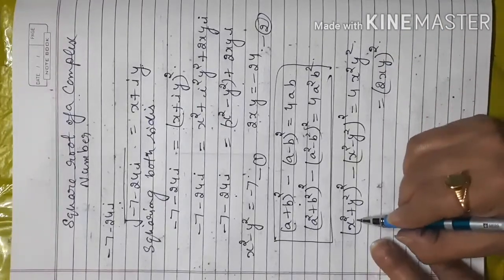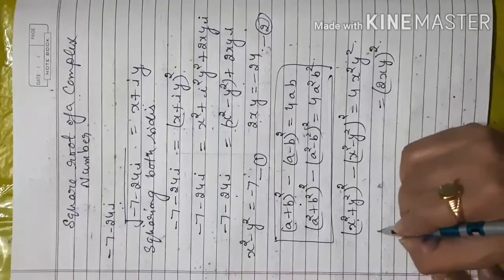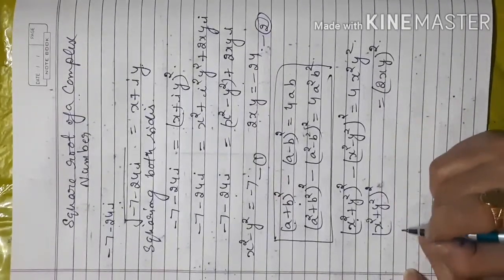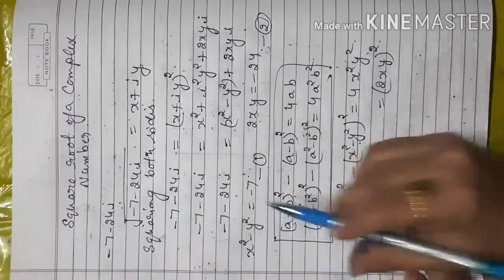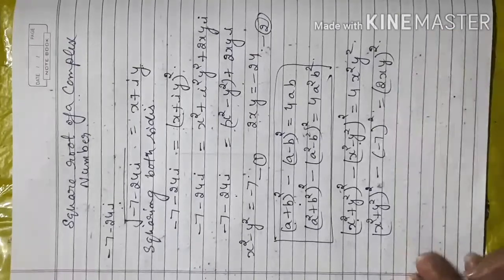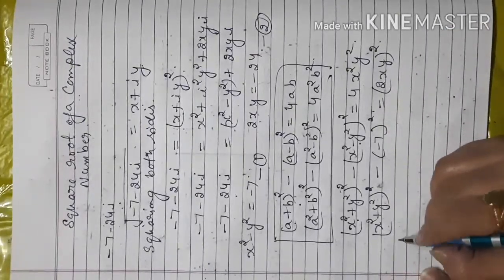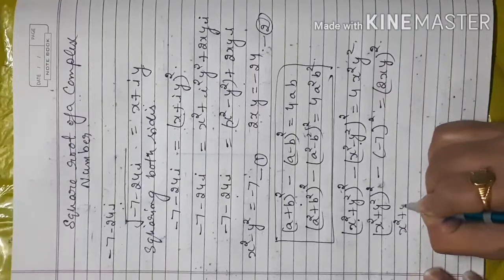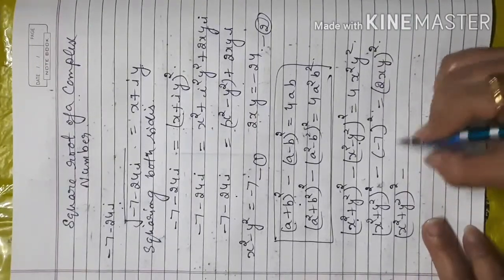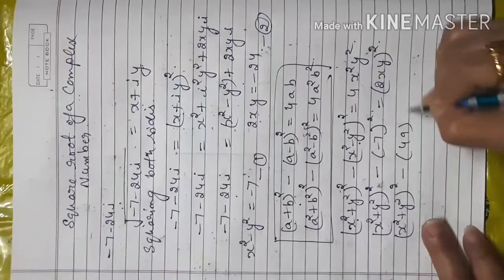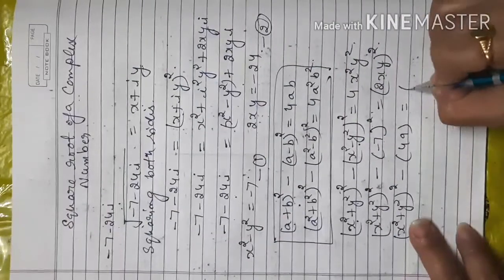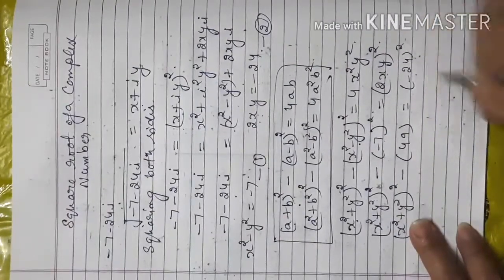Here I have to find the value of x square plus y square so that I can solve the equations simultaneously, and the value of x square minus y square is given as -7. So I keep (x square plus y square) whole square as it is, minus (-7) square, that gives me 49, and here the 2xy value is (-24) whole square.